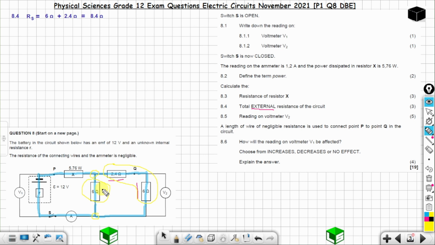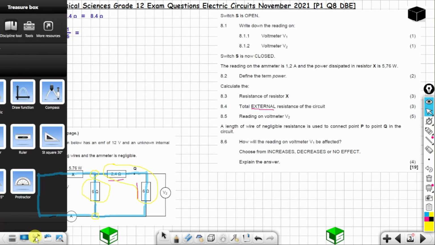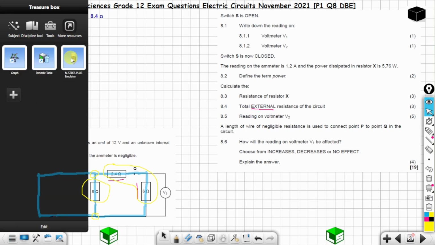Let's calculate for the parallel connection. For the parallel connection, you have 1 over Rp, Rp for resistance in parallel. This is equal to 1 over 8.4 plus 1 over 6. You can use your calculator.